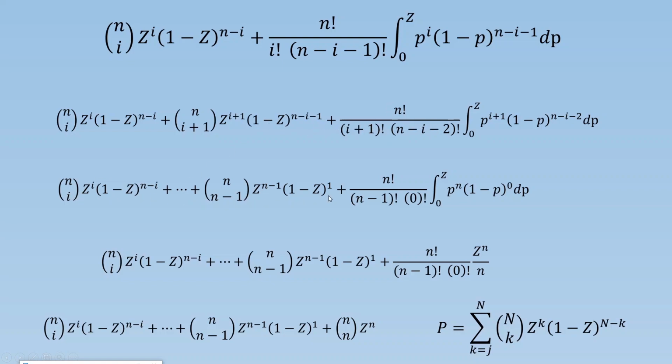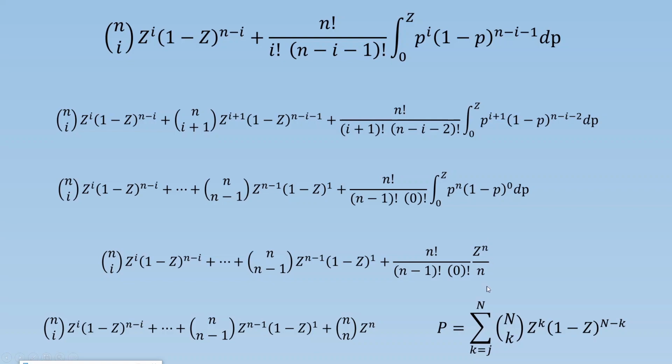You can repeat this procedure, so these terms will be obtained. Eventually, we get to the last term because the power of this 1 minus p becomes 0. Then we don't need to do integration by parts; we can just directly integrate it. That integration becomes z to the power n divided by n.